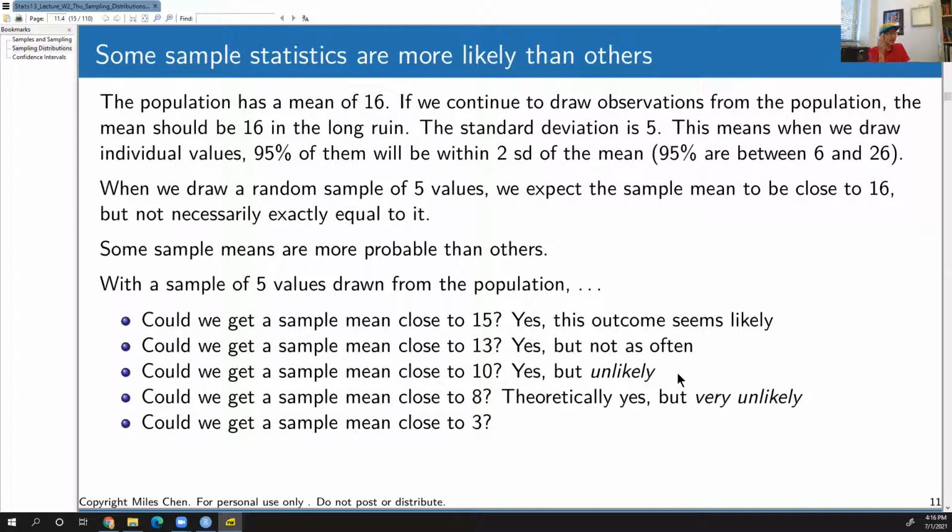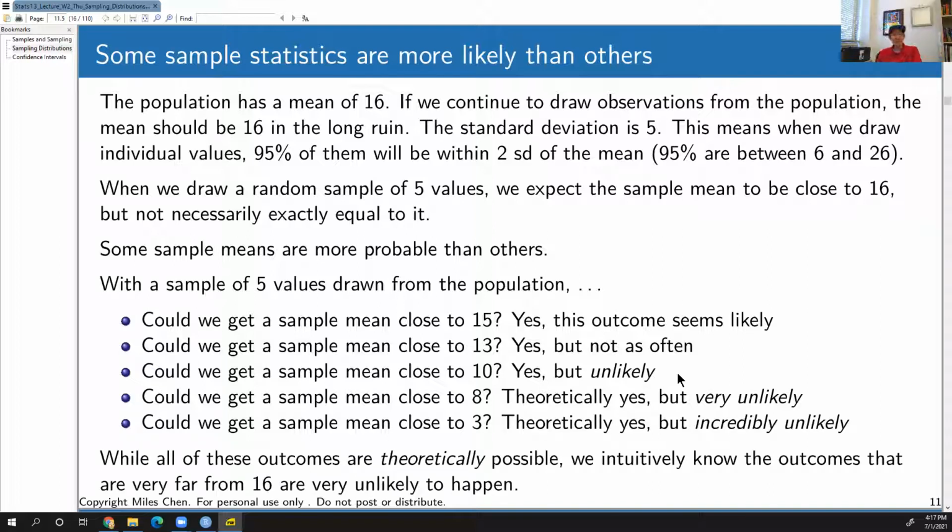Again, the population has a mean of 16, and 95% of the values are between 6 and 26, but technically some of the values might be less than 6. Is it possible to get all 5 values such that the mean of all 5 is 3? It's not impossible, but it seems incredibly unlikely.